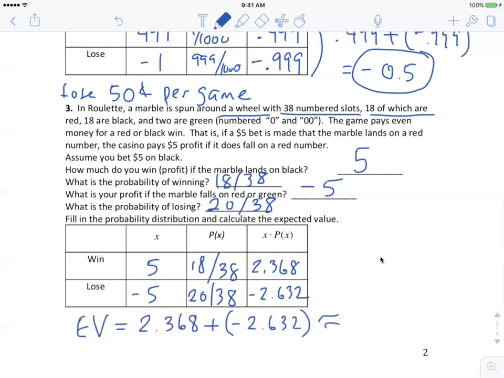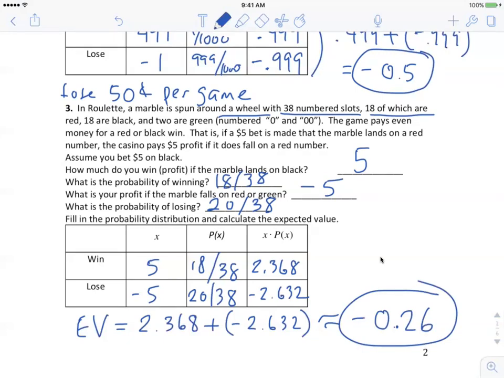So let's just round that to negative 0.26 because these are dollar amounts. That's just the nearest cent. There's your expected value. It's negative, means you're losing in the long run. If you're the player, if you're the casino, that's a positive expected value. So this is good for the casino, bad for the player. And you're losing 26 cents per game in the long run.